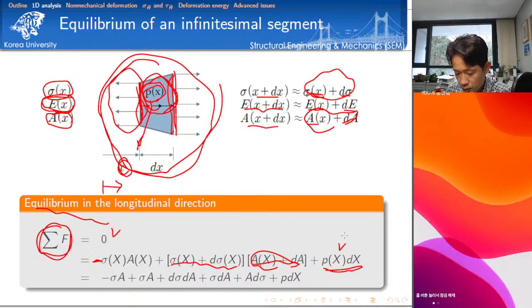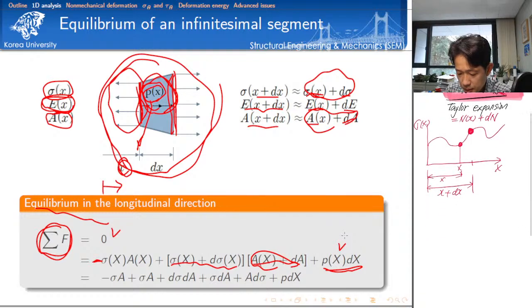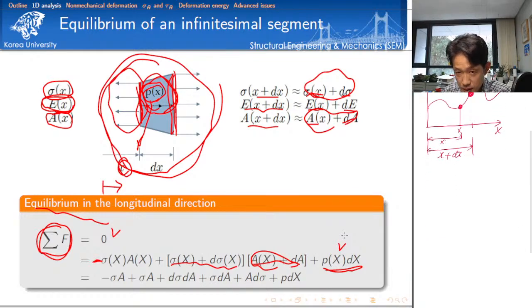Here the distributed load is what? The force per unit length for the structural system. Actually, to represent this precisely, we have to write in this way to represent the distributed load.